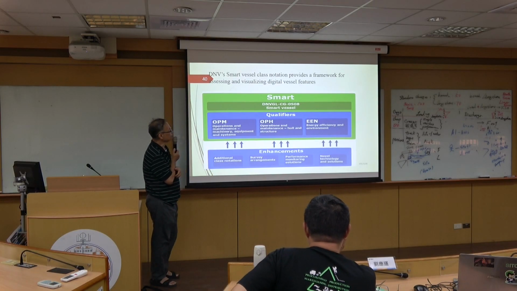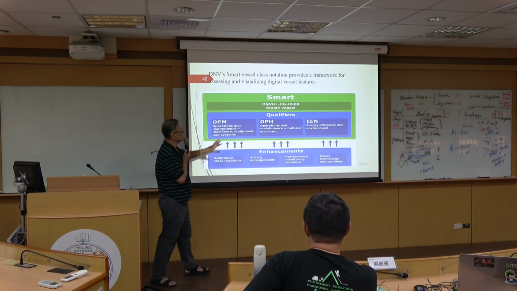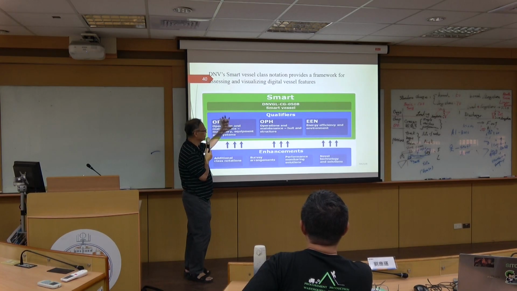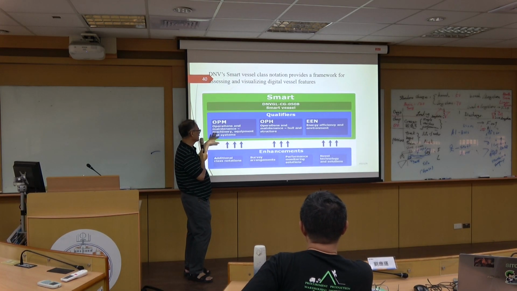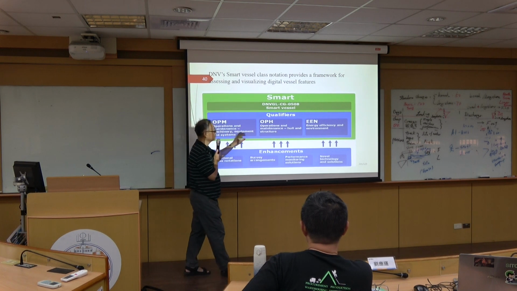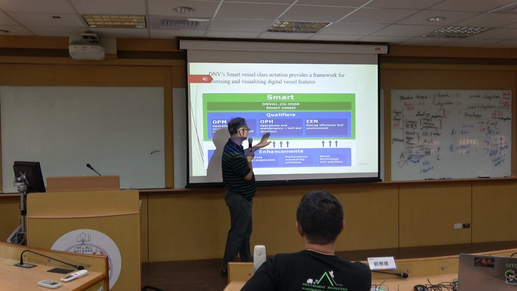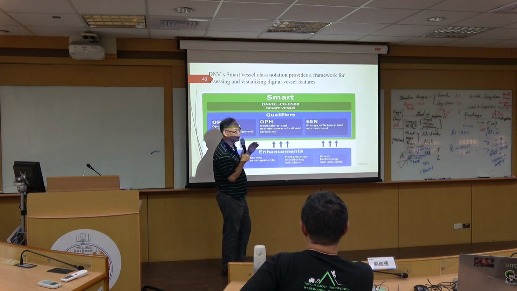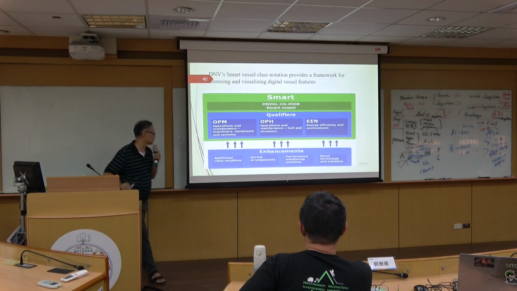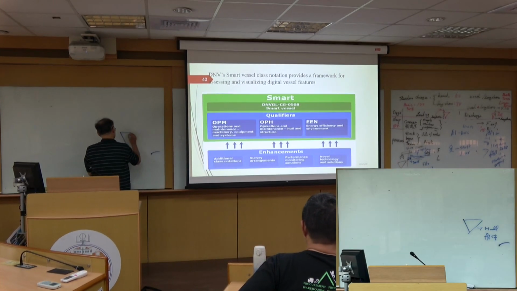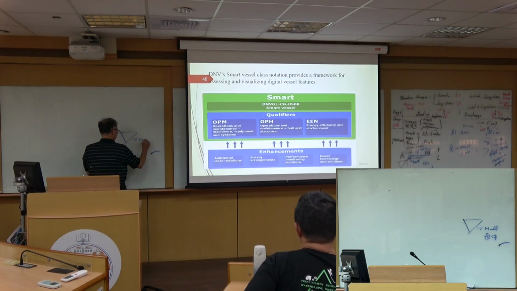They have a smart vessel class, and you can see the DNV smart vessel, the first one is qualified. We say operation, maintain machine equipment, and also operation maintain is focused on hull and the structure. Hull, that means the vessel. Because the vessel is made of steel, we say hull.